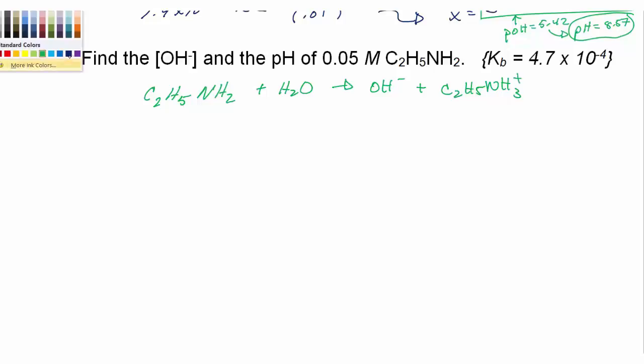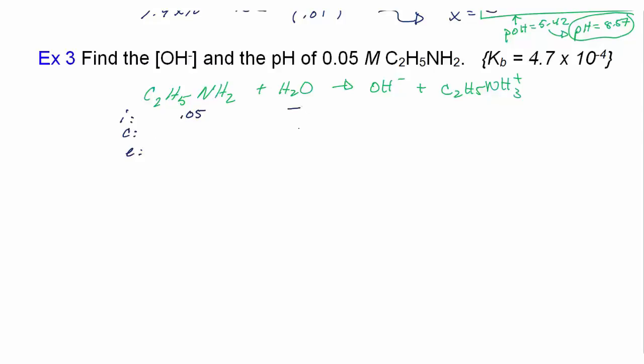Make an ICE table. The initial is 0.05. Water never shows up. Change, negative x for reactants, positive x for products. 0.05 minus x is my equilibrium concentration for my weak base. x and x are my equilibrium concentrations for the hydroxide and the conjugate acid.